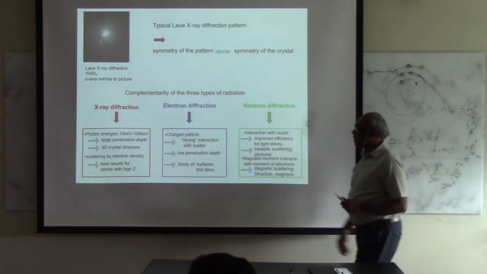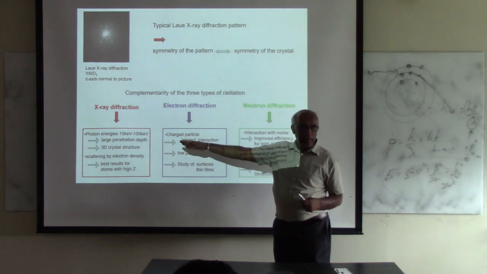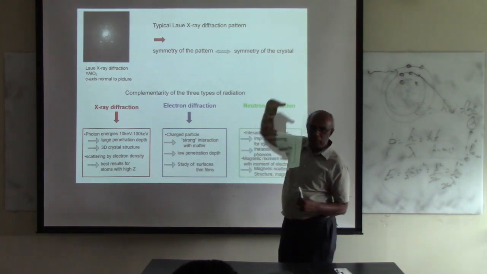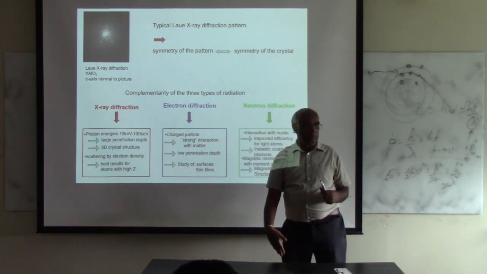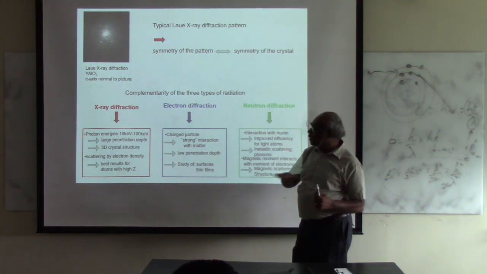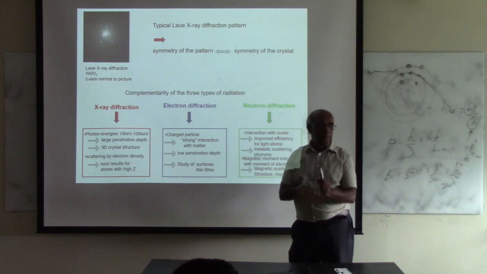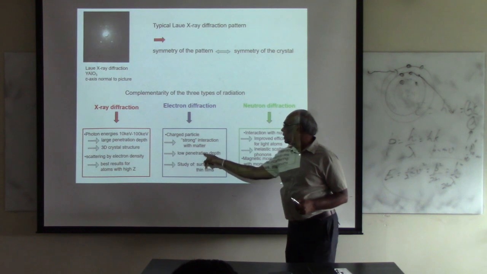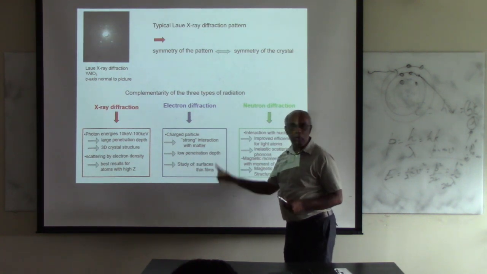Electron, what's the situation? Remember, the electron has much lower energy, right? That means your penetration depth is much smaller. Electrons cannot go deep into the system. So electron diffraction is good to study mostly the surface properties because they don't go deep. So mostly low penetration depth, good for surface.